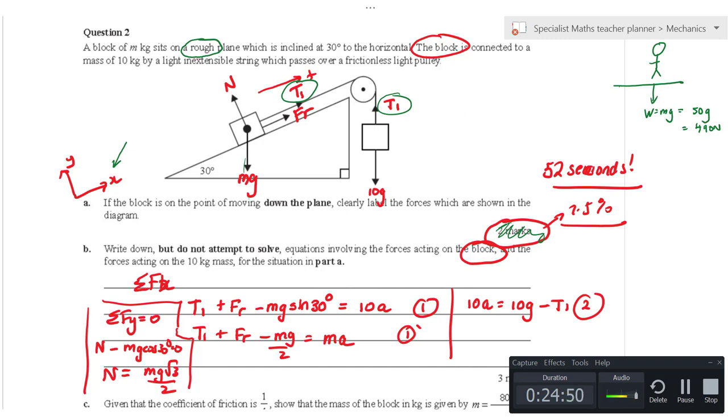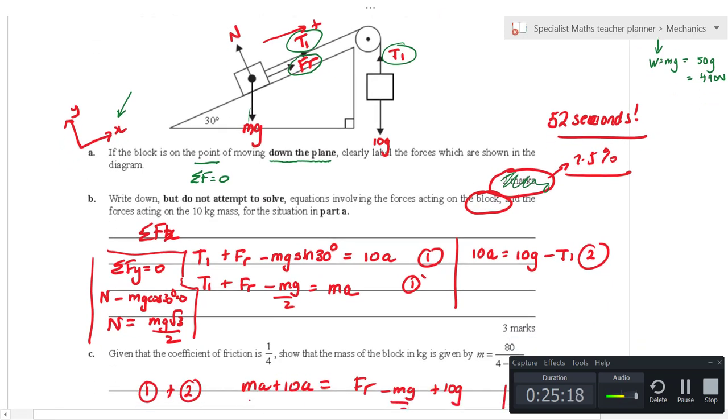So you can see here drawing T, and of course friction opposes motion. So it says the block is connected, and if a block is on the point of moving down the plane, that means the net force is actually 0. So the net force is equal to 0. That's very important. So you get 2 marks just for doing that.